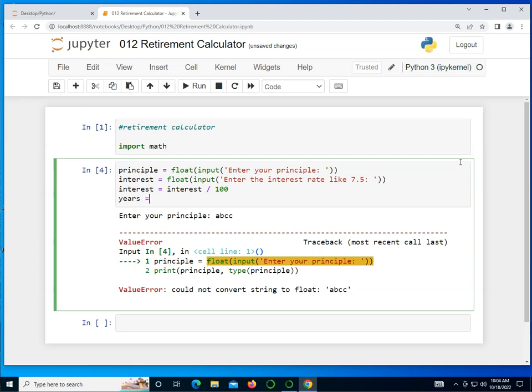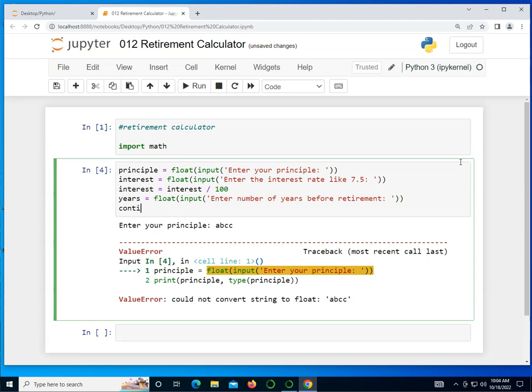The number of years they expect to have before they retire. I'm going to again have an input, enter number of years before retirement. We are going to allow fractional, that's why it's a floating point.